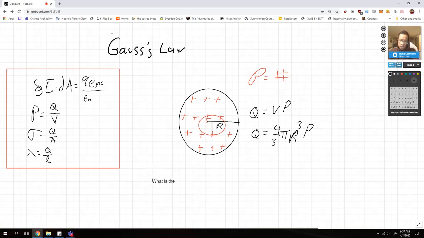What is the electric field at point little r, which is less than big R, in this sphere with charge density rho?